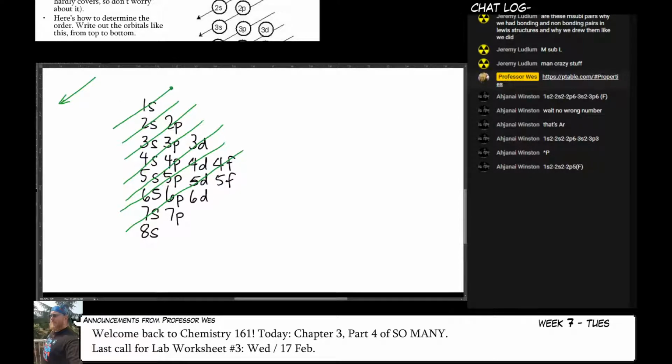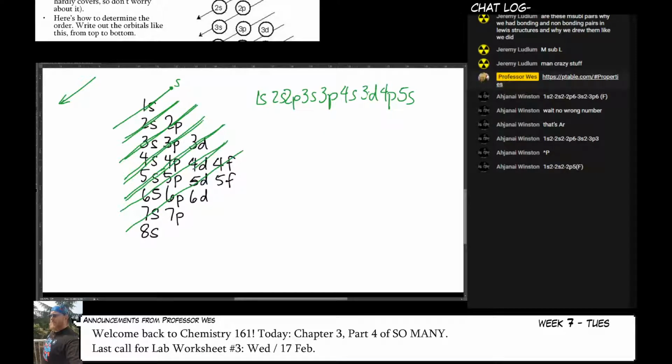So I started here. I would go 1s, that's the first one. Then 2s. Then 2p, then 3s. Then 3p, then 4s. Then 3d, 4p, 5s. Oops, sorry. Wrote the wrong letter.